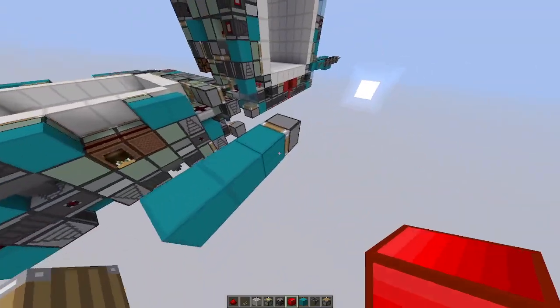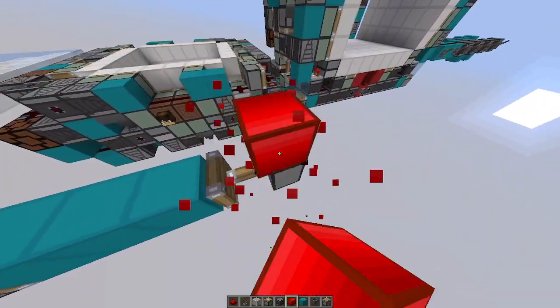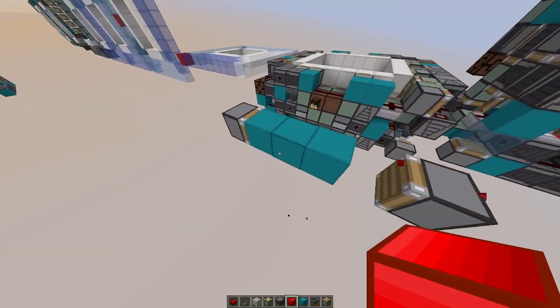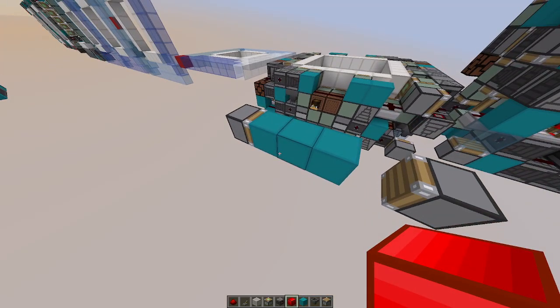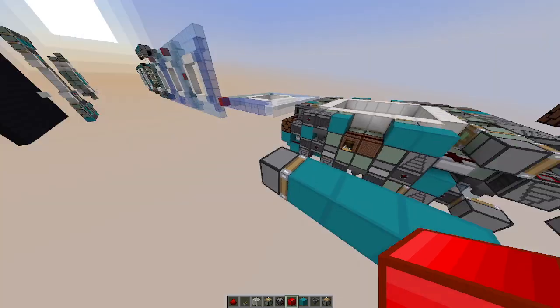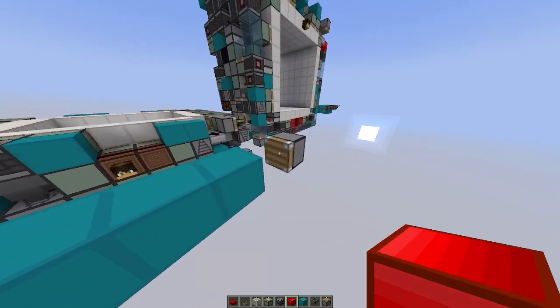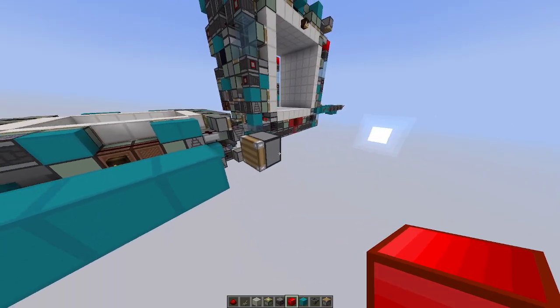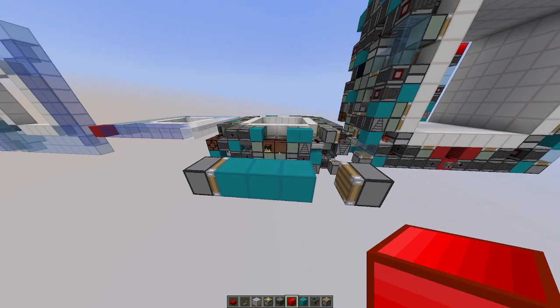If I reset a lot of times, it will just be in reset position, always. So yeah, the operation principle is very similar to SR latches. Just imagine one of the pistons is the set input, one of the pistons is the reset input. Then you can already see.